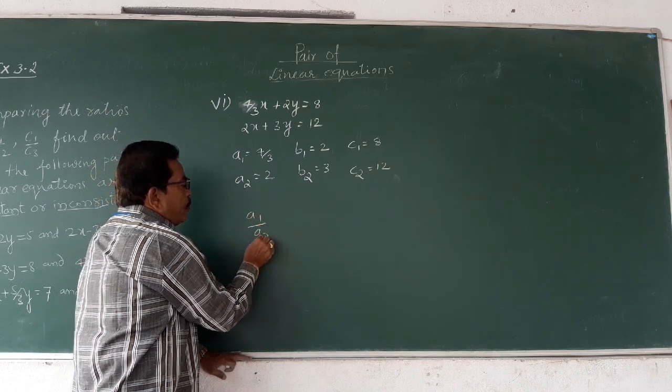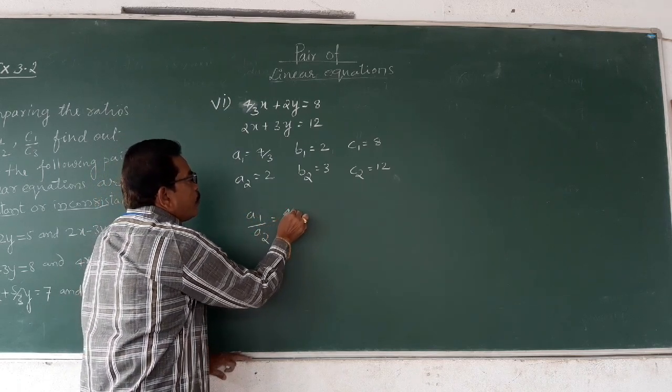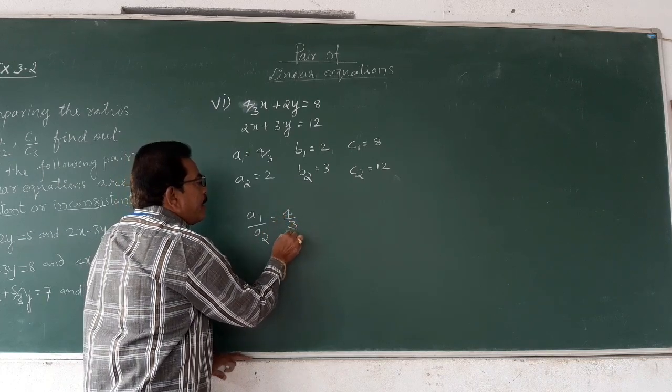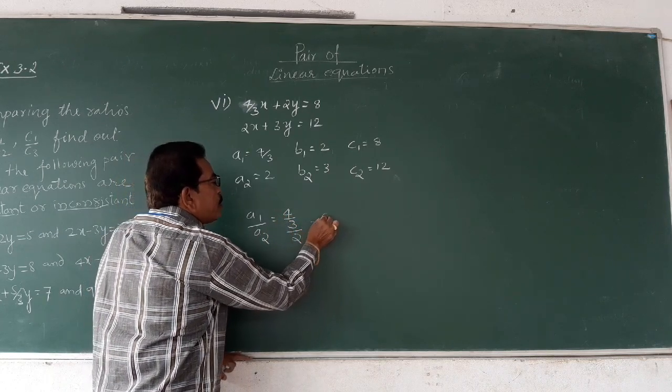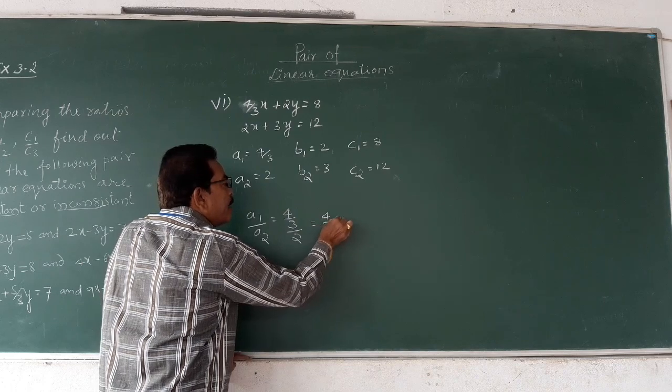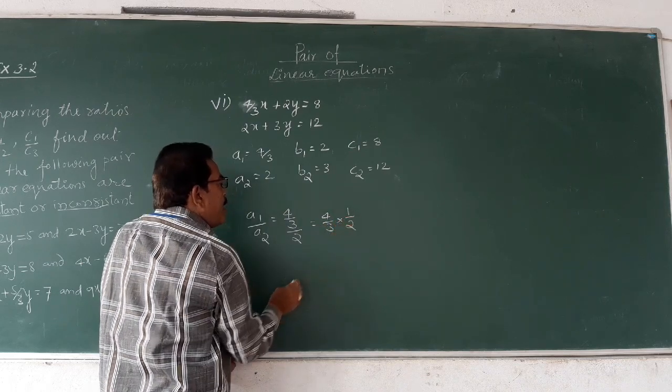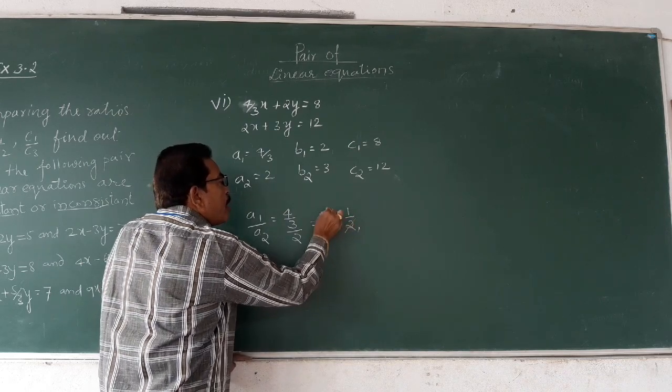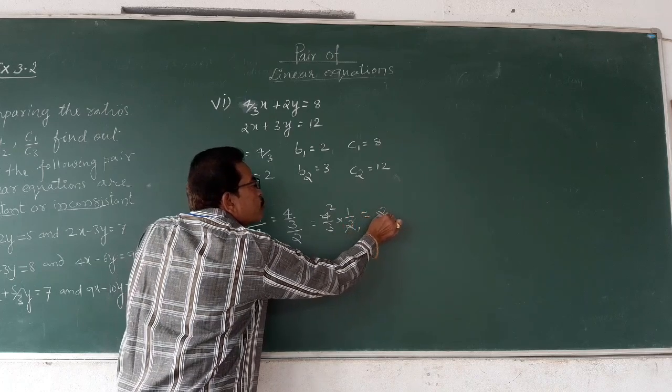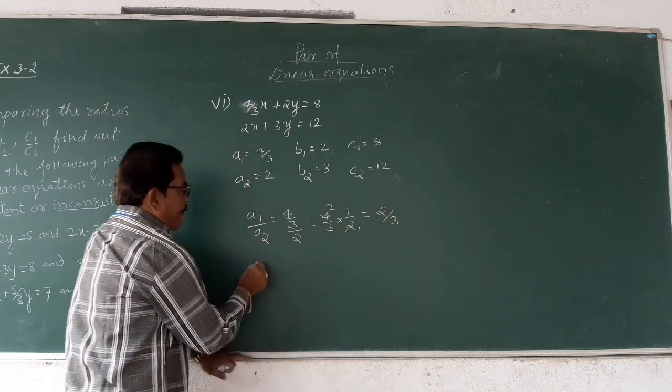A1 by A2 equals 4 by 3 divided by 2, which is 4 by 3 into 1 by 2, that is 2 by 3.